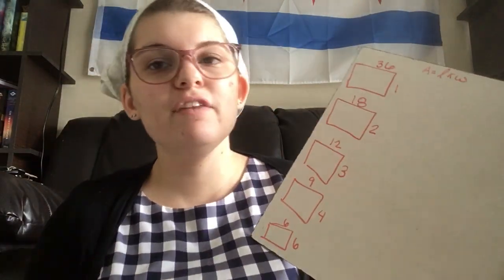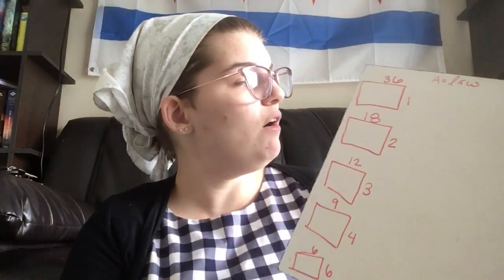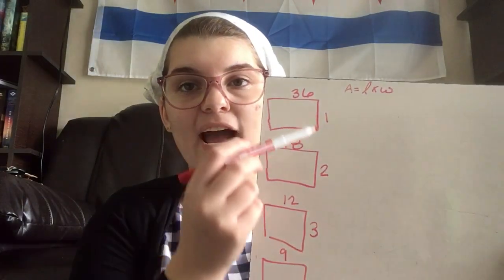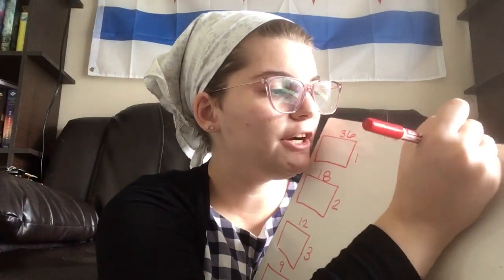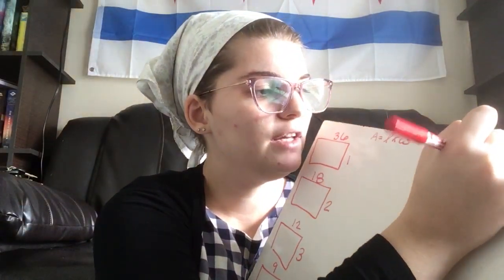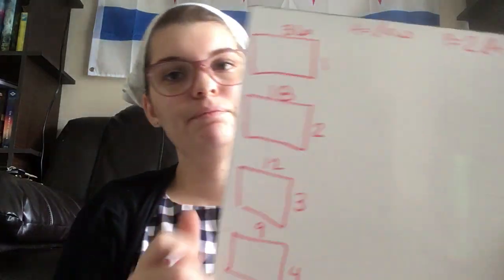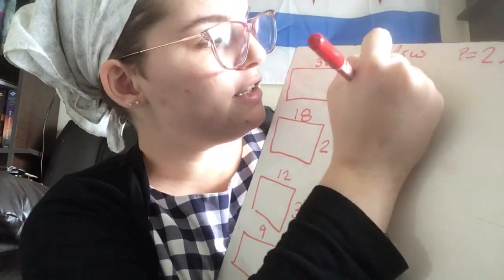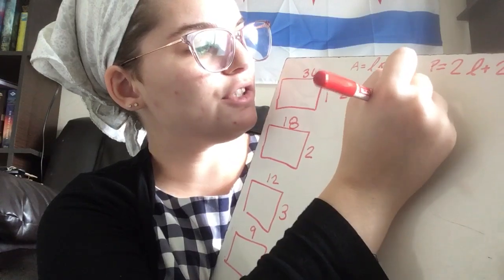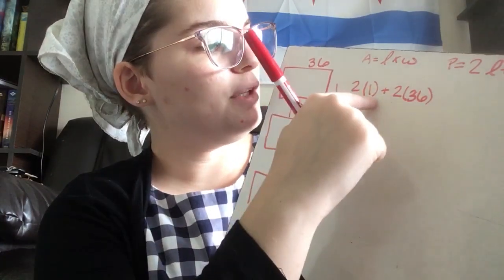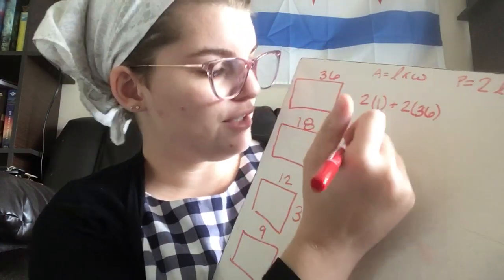Okay? So now I've found all the rectangles that can have the area of 36 with different perimeters. So now I'm going to find my perimeter. And remember, our perimeter is 2 length plus 2 width. So we're going to write that out for all of these. So 2 times 1 plus 2 times our width, which is 36.